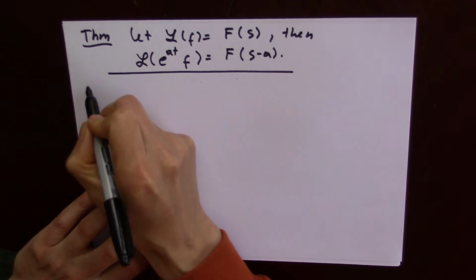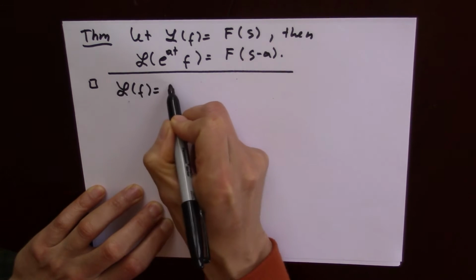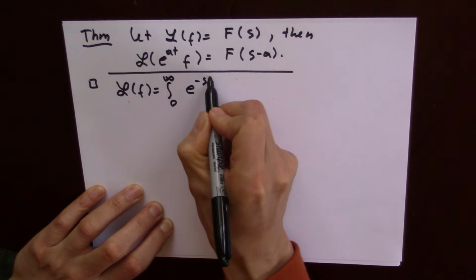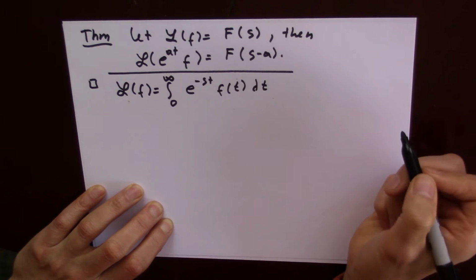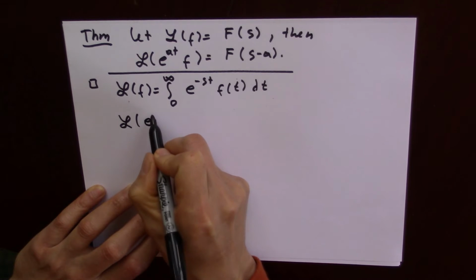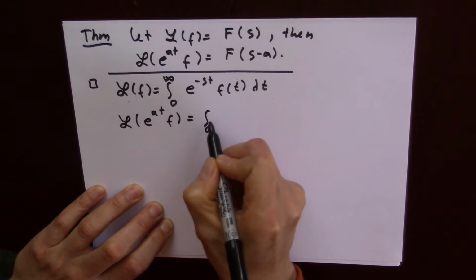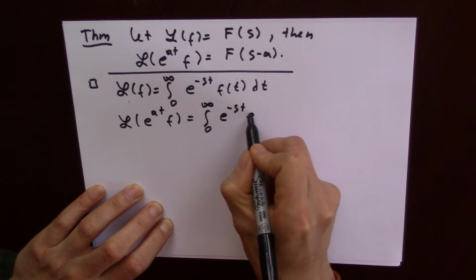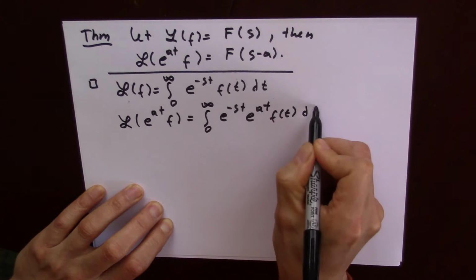Let's see why that is true. By definition, the Laplace transform of function f equals the integral from 0 to infinity of e to the negative st times f of t dt. Now, if I want to calculate the Laplace transform of the new function, e to the at times function f, by definition that's the integral from 0 to infinity of e to the negative st times e to the at f of t dt.